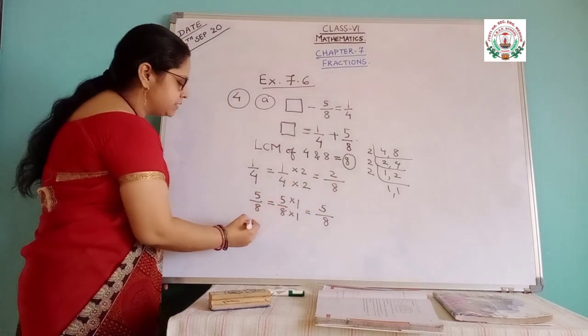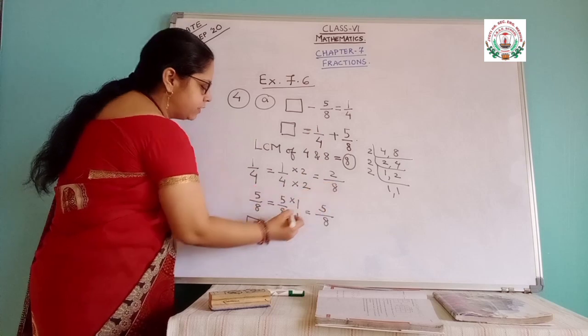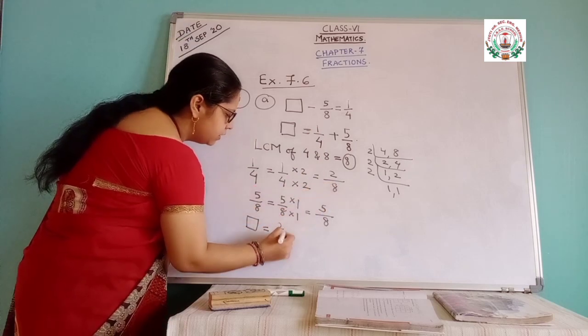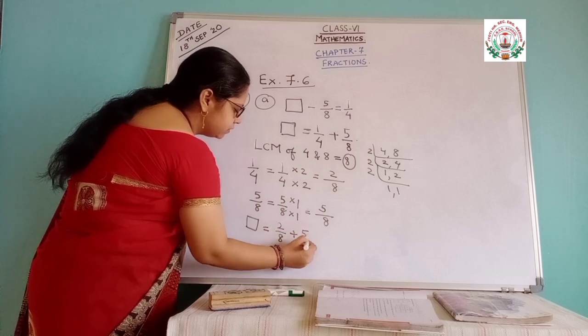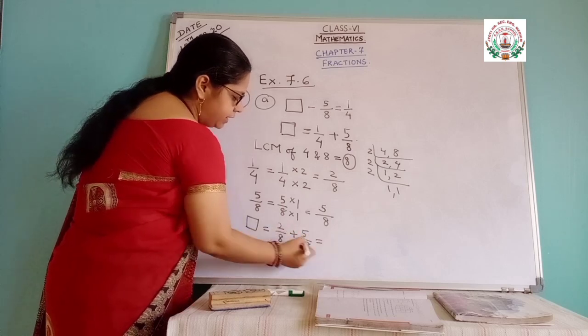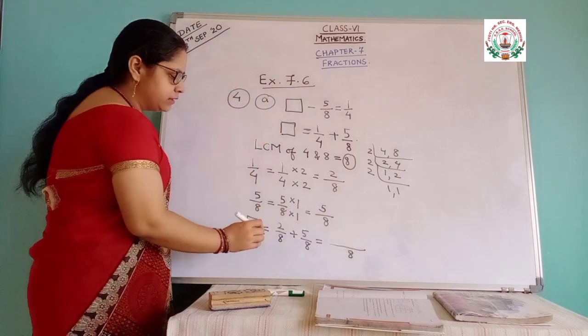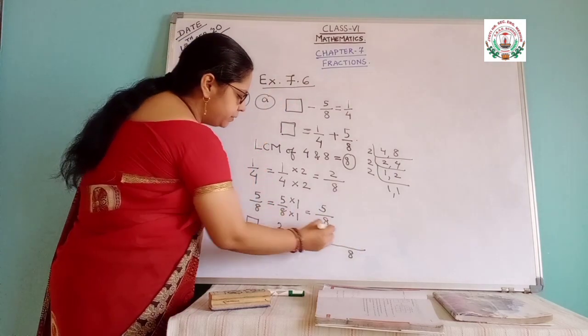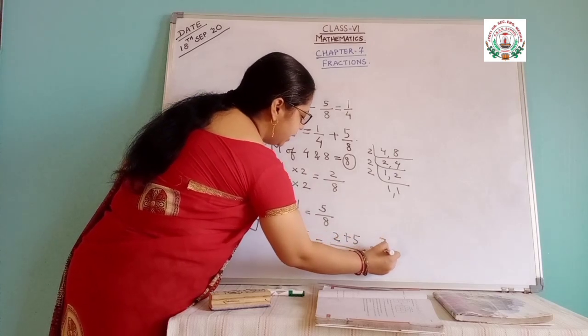Now the two numbers are: in place of 1 by 4 we write 2 by 8, and in place of 5 by 8 it is 5 by 8 only. The denominators are 8 and 8, LCM 8 only, so we write it one time only, and the numerators we add, that is 7 by 8.